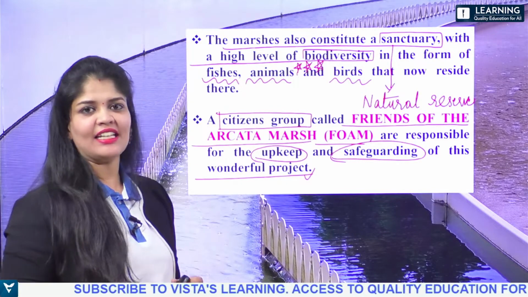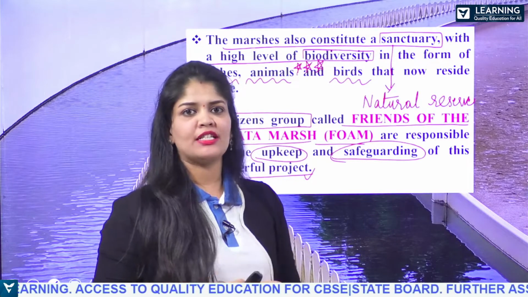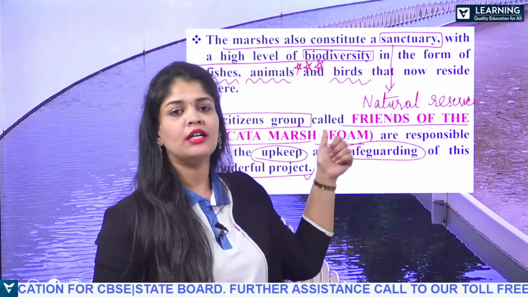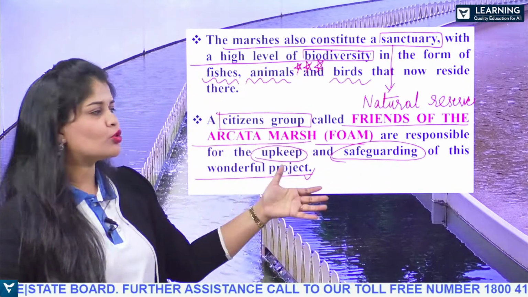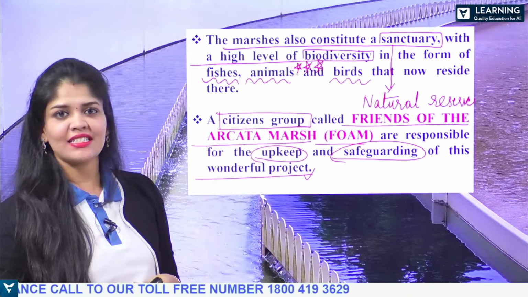Integrated wastewater management is a program which has been kept up and safeguarded by the group of citizens, and that group we call FOAM, that is Friends of the Arcata Marsh.